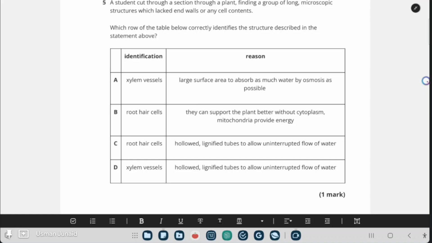Either B or C. Xylem. Okay, we just said that there are no cell contents, and I explained that xylem vessel has no cell contents, right? So which one is it now?